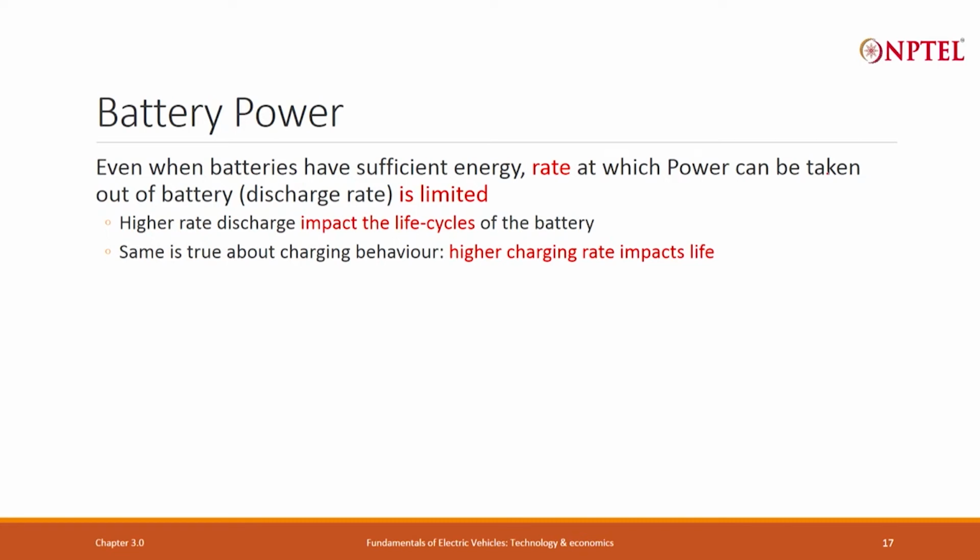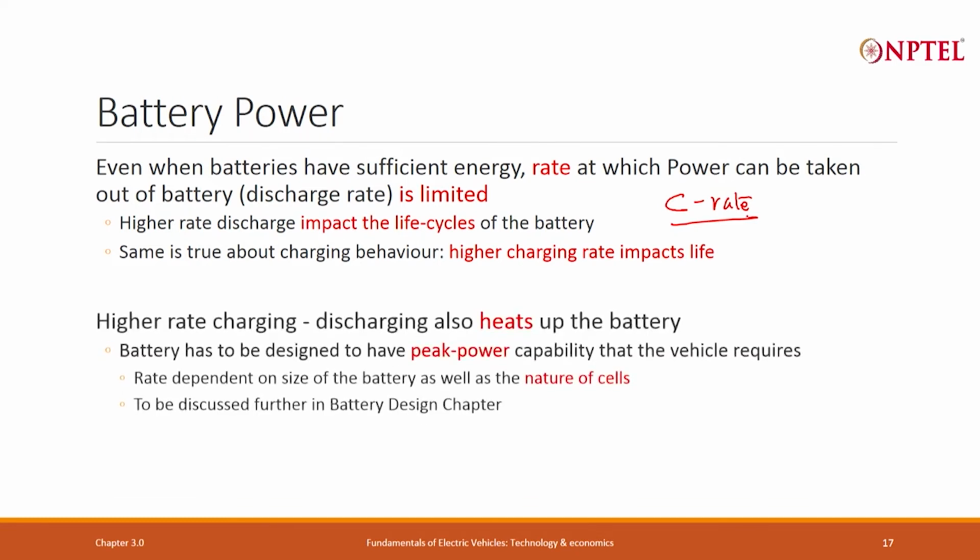I am repeatedly pointing out, we will get into details of it. Higher C rate impacts the life cycle of the battery, either for charging or discharging. So, you limit what C rate you can use if you want life to be predictable.